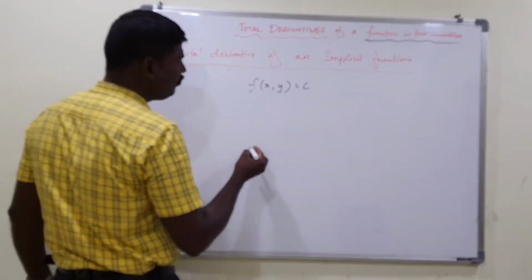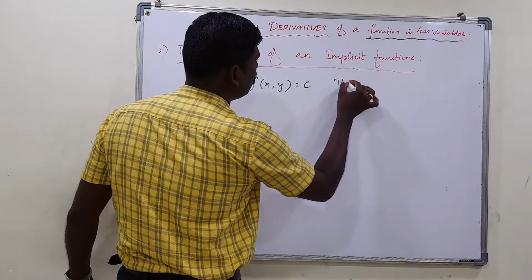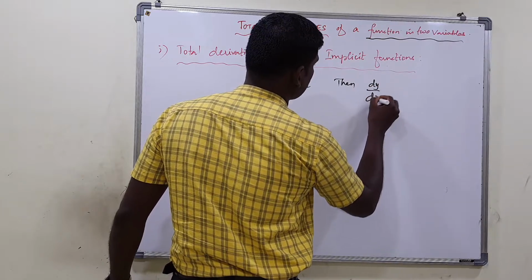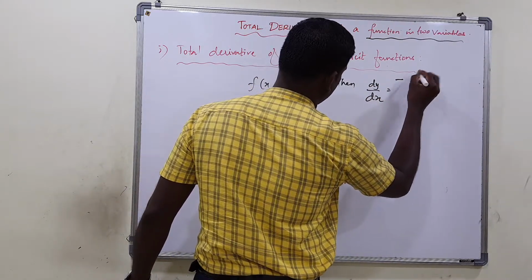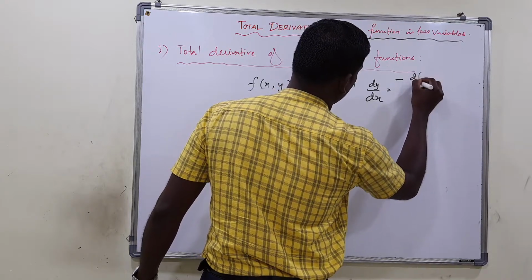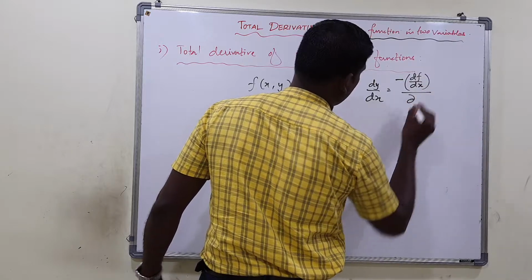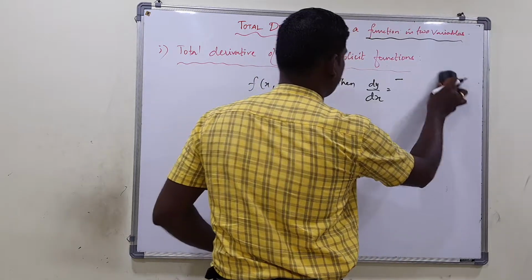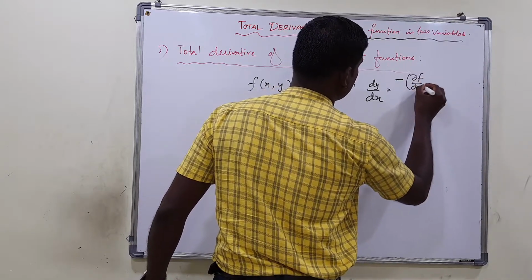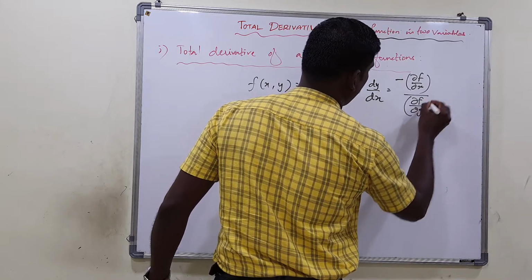Suppose the given equation is in the form f of x comma y equal to c, then the total derivative, that means dy by dx, is defined by minus dou f by dou x divided by dou f by dou y, partial derivatives.